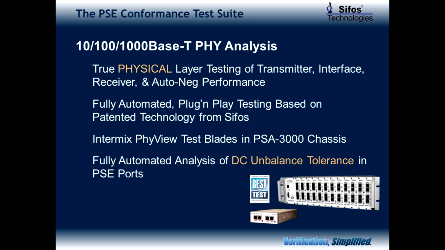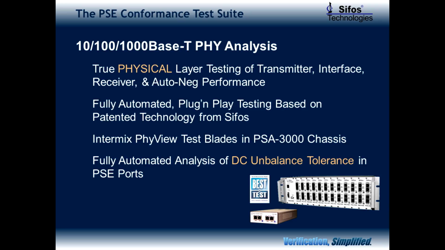The 5U analyzer is the only instrument in the world that provides true physical layer analysis of 10, 100, 1000 transmitter, interface, receiver, and auto-neg performance characteristics. As with the PSE Conformance Test Suite, testing is fully automated plug-and-play based on unique patented technology from Sipos. Interfaces are tested while linked and experiencing controlled impairments.